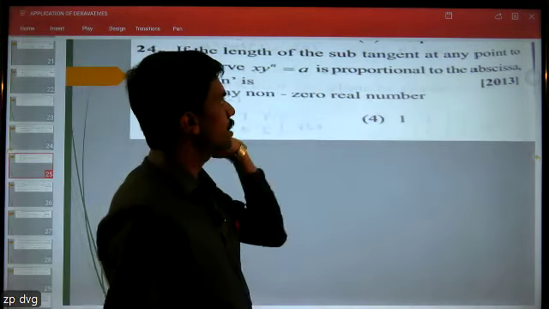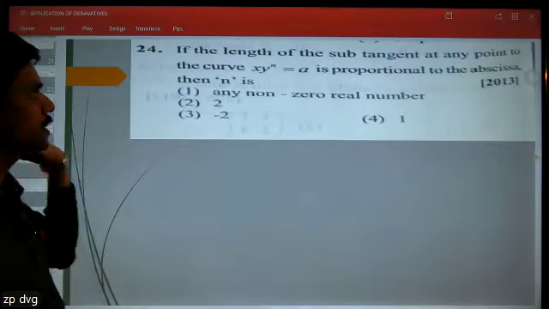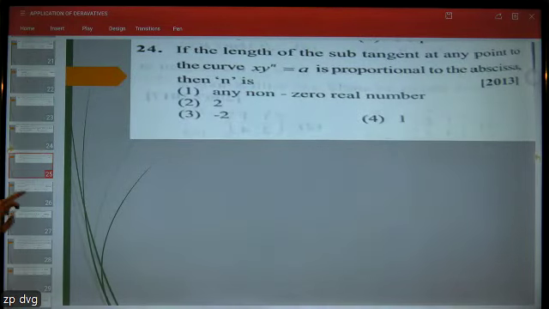So here the concept is subtangent. This concept is deleted in your syllabus. So we will go to the next question.